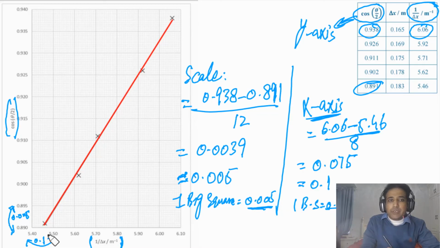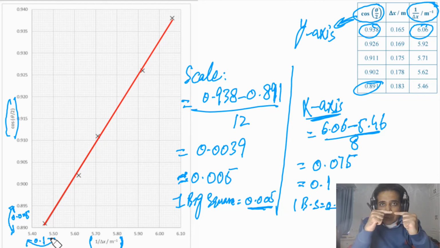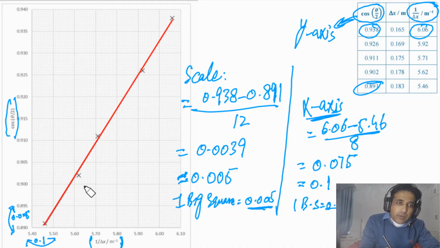Now we have to plot these numbers, then draw the best fit line. Best fit line simply means that it fits all the points: the same number of points above the line and below the line, and the distance of the points from the line is almost the same. If you look at this graph, this point is lying on the line, so this is best fit.